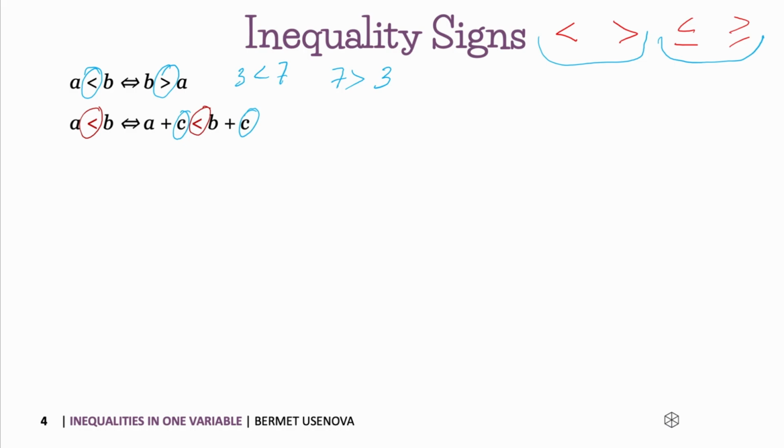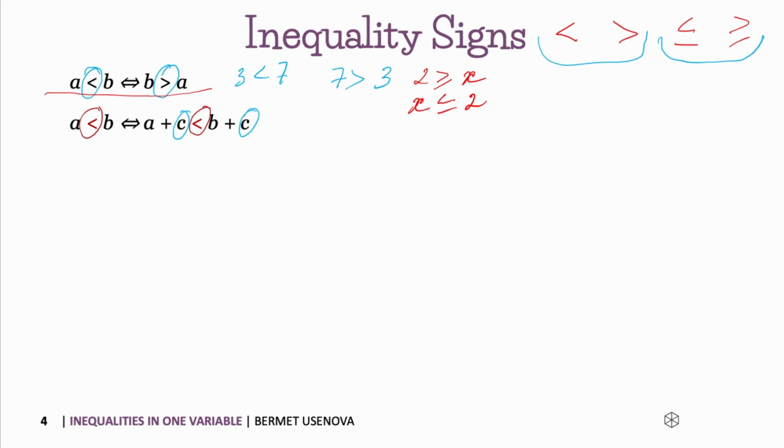I can also show a small example for the swapping rule. Let's say 2 is greater than or equal to x, and if we swap the sides and move x here, we have to change the sign to the opposite direction. Then it will be x less than or equal to 2.